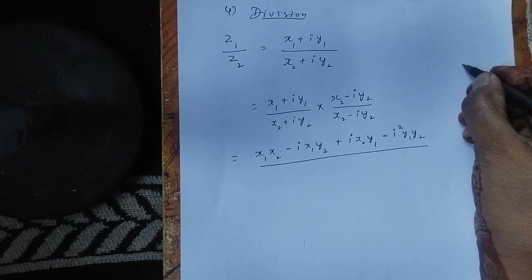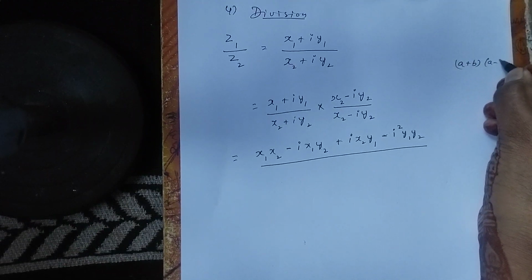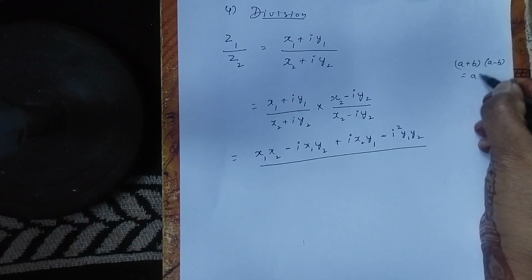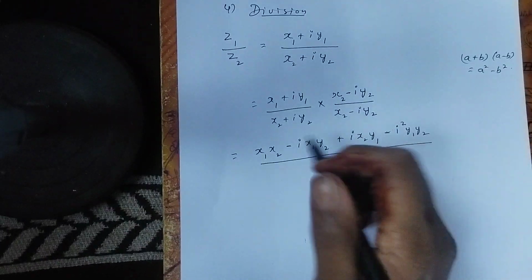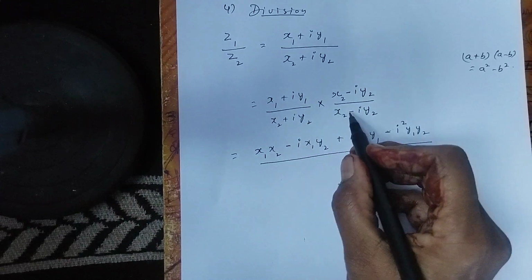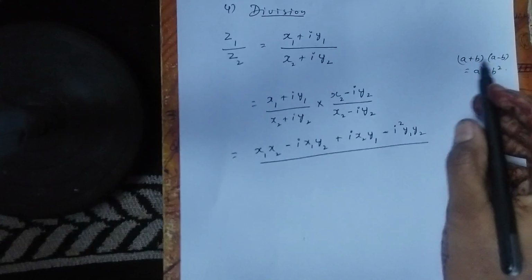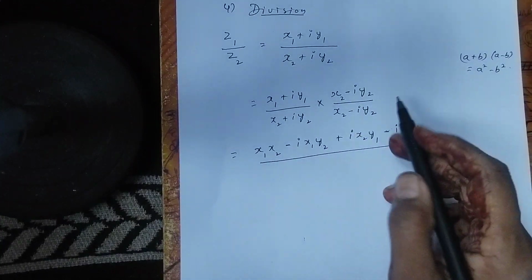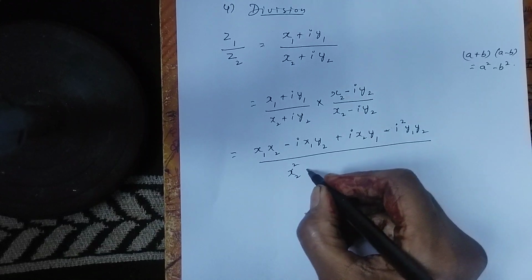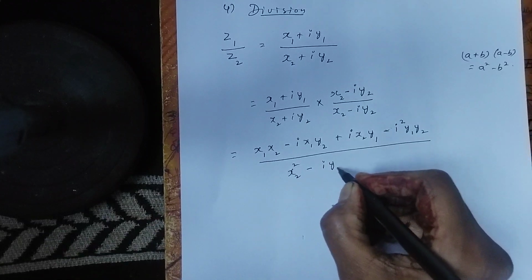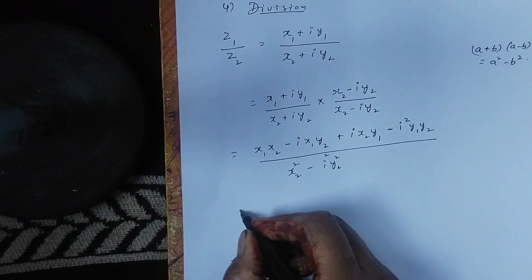Here we have one formula in algebra: (a + b)(a - b) = a² - b². This formula will apply here. The terms are same, only the signs are different. So we can write the denominator as x2² - (iy2)².